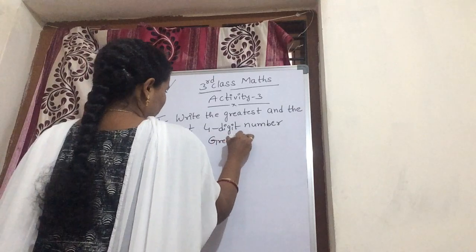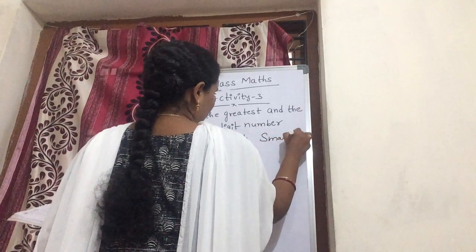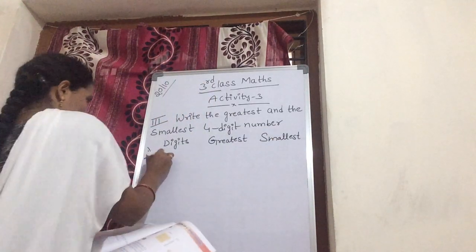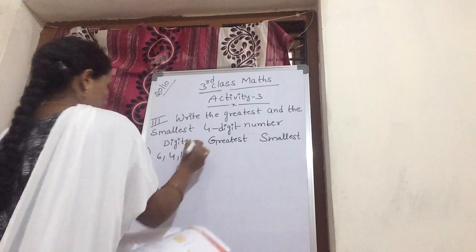Greatest number and smallest number. Okay, children. 6, 1, 4, 5.